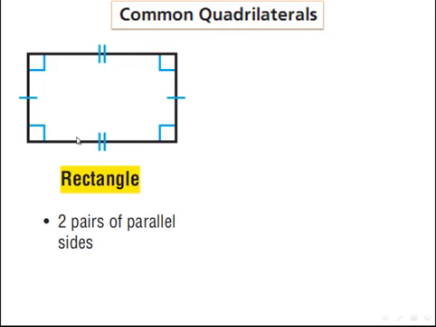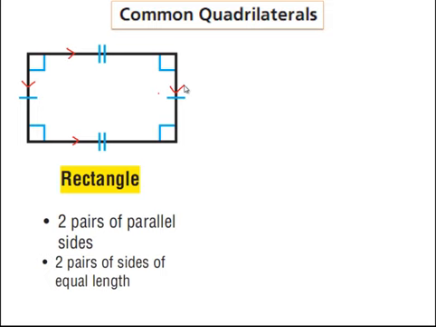Yeah, I can understand it. Here's the first pair of parallel sides, and here the second pair of parallel sides. Yes. The second condition is two pairs of sides of equal length.